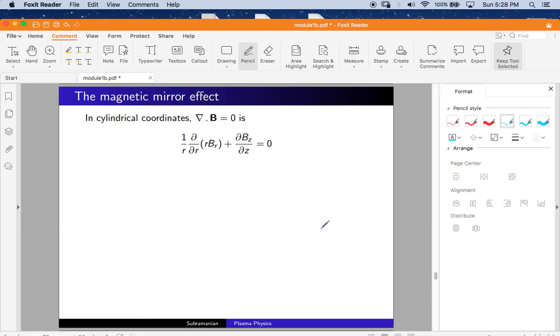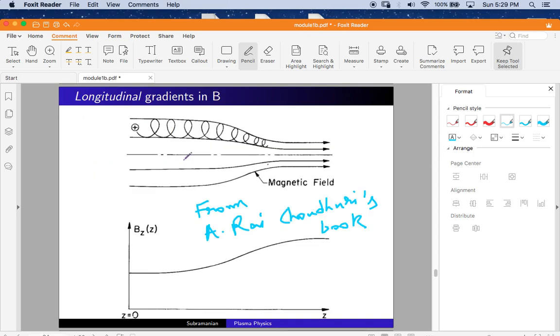Now, this is always true: the divergence of B is always 0. And you write this down in cylindrical coordinates. This is simply divergence of B written down in cylindrical coordinates, with R this kind of coordinate and Z like this.